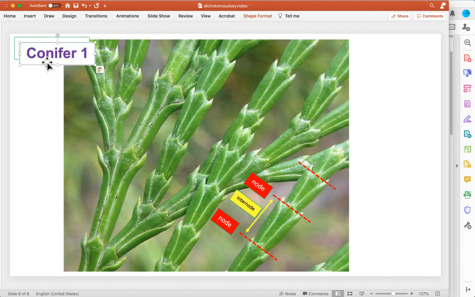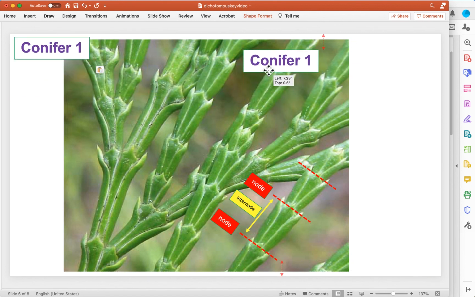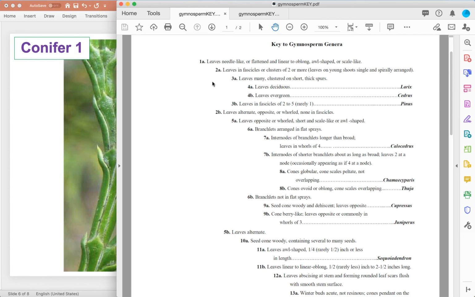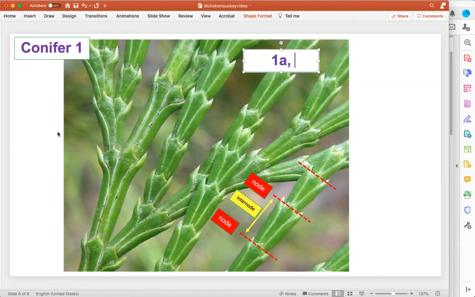So for your answer on your lab assignment, this is what I would want you to write out. I want you to write out all of the key steps that we took. So we started off with 1A, and then we went to 2B, 5A, 6A, and then 7A.